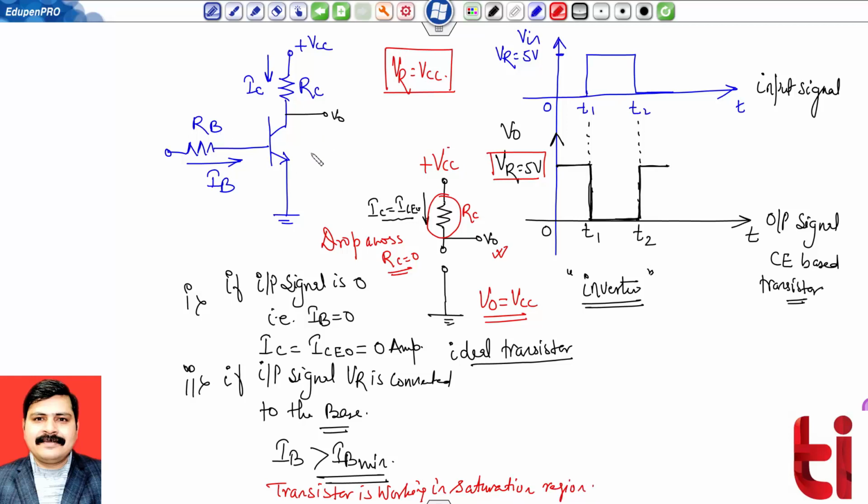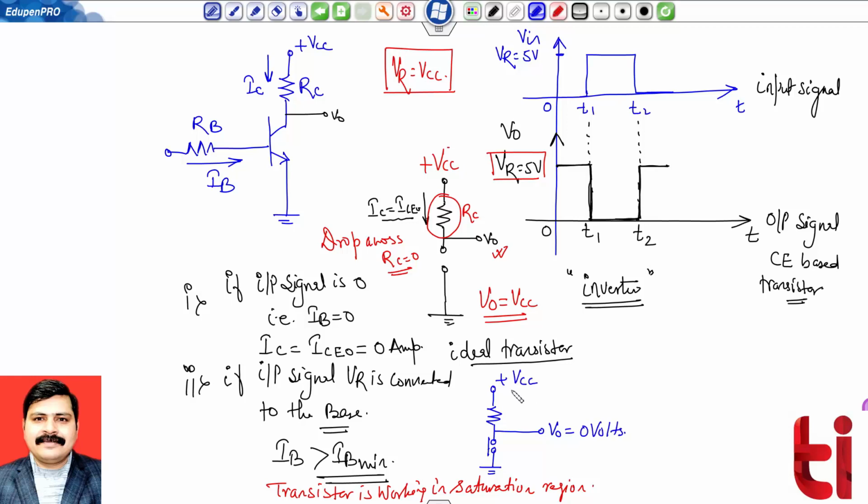When it works in saturation region, my collector current is the saturation collector current, and the transistor behaves like a short circuit. I am taking the output voltage from here, V0, so you can check V0 is 0 volts.